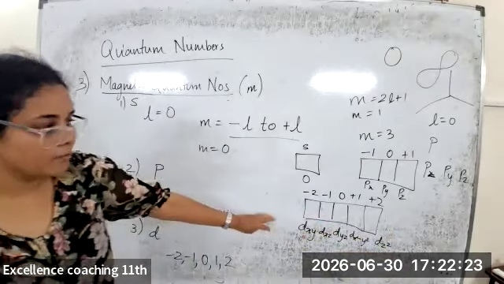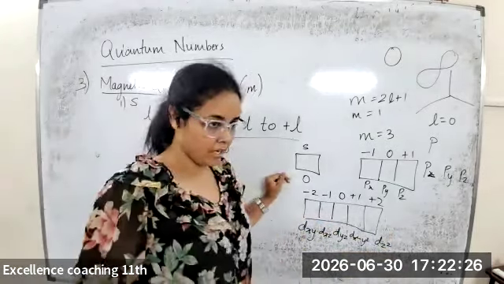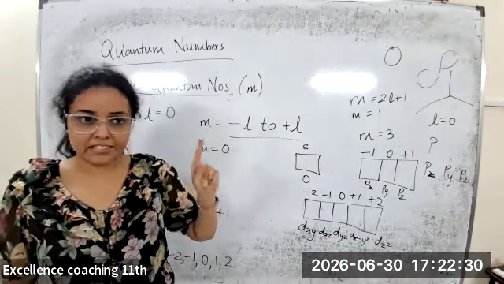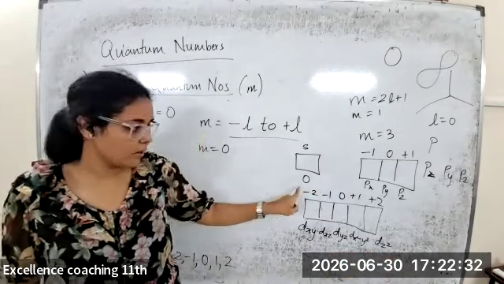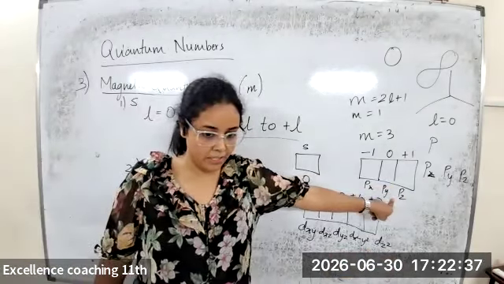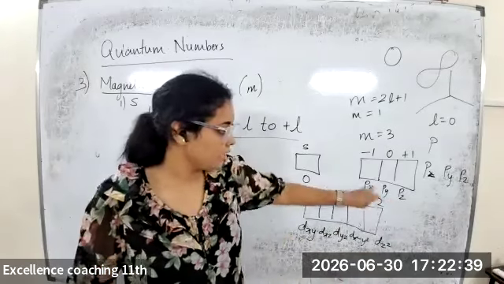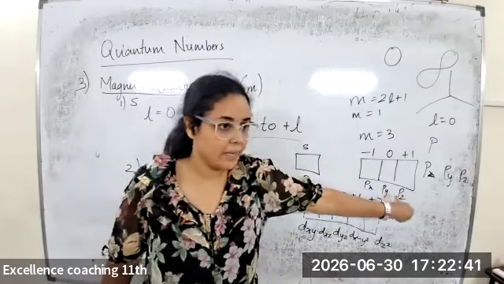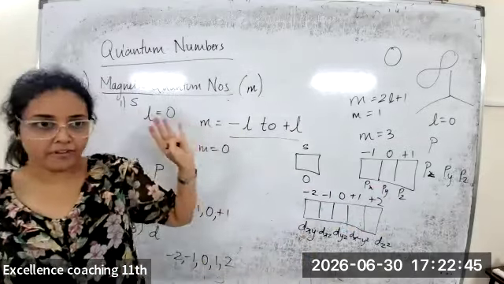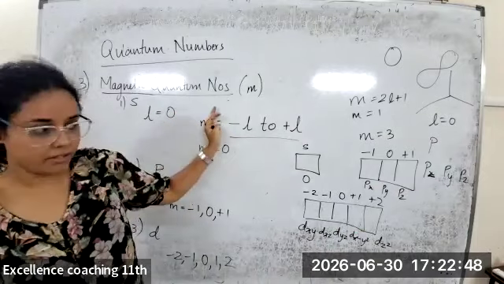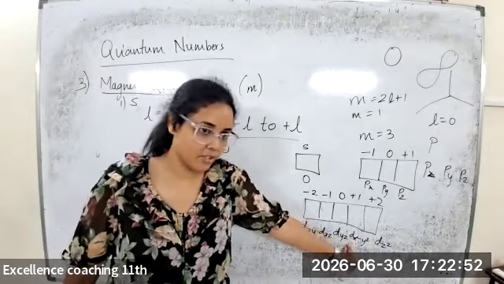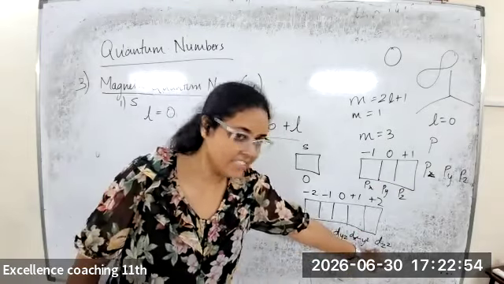But for now, remember that since we are speaking about orientation, in S the magnetic quantum number is just one, that is 0. In the case of P it can be 3: px, py, pz. When we speak about the D, it can have 5 magnetic quantum numbers, which are dxy, dxz, dyz, dx square minus y square, dz square.